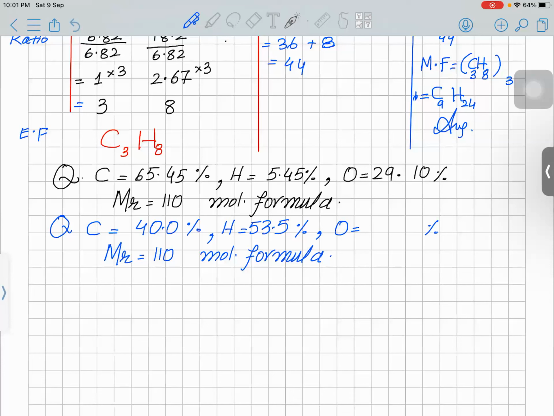Sir, if we get n as a decimal, is it okay? Yes. Tell me the answer, right? I will tell you the solution. Wait, sir, I didn't calculate the oxygen. Oxygen is 29.10. Okay, sir.